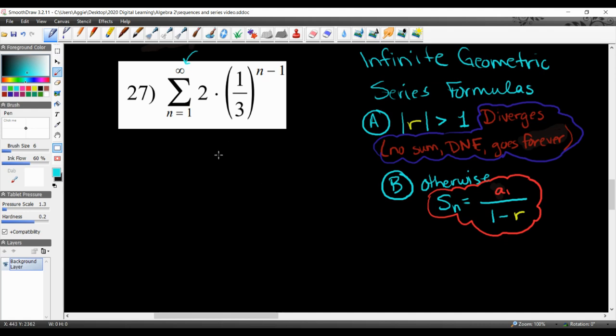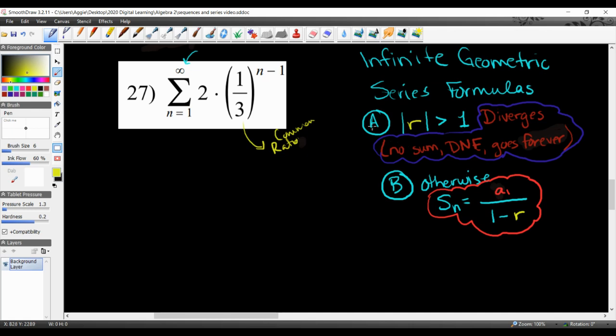So the way to figure out which one we're going to be using is we look at our common ratio. The ratio, remember that's the R, is going to be this term right here. So this is our common ratio, and we're going to look at that and see which one it classifies into.